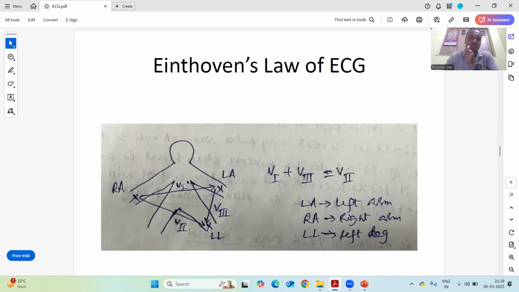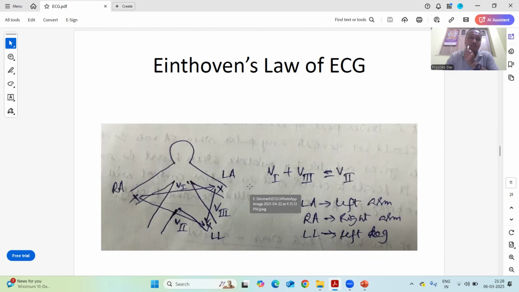There should be electrodes such that a triangle forms, and the voltage from the right arm to left arm is denoted as V1. From left arm to left leg, the voltage component is V3, and from right arm to left leg, the voltage component is V2.